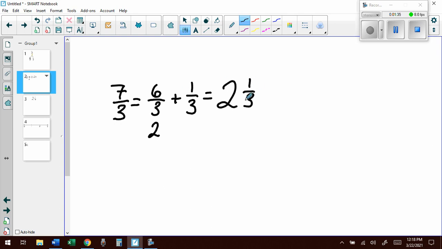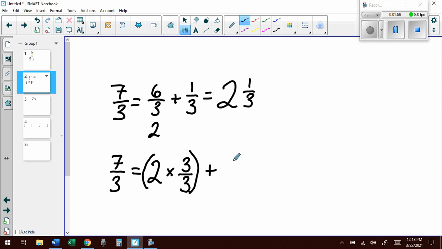And you also showed this using multiplication. You had 7/3, and that equaled 1 whole, which would be 3/3, 2 times. That was the first thing, and then you had to add an extra 1/3.